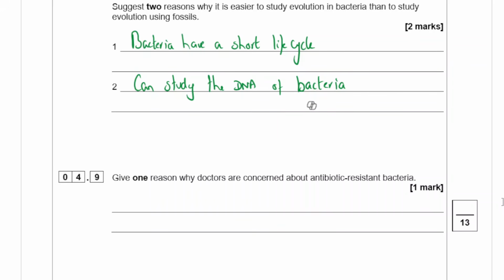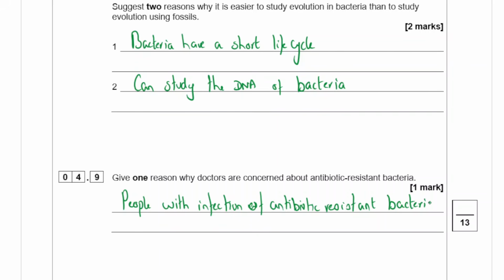Mainly being people with infections of antibiotic resistant bacteria cannot be treated with antibiotics.